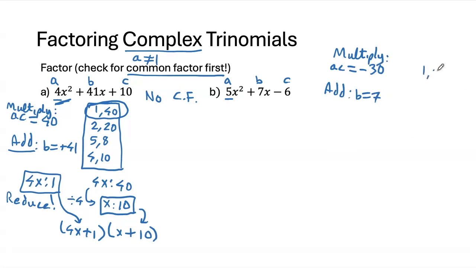1 times 30, 2 times 15, 3 times 10, and there's 5 times 6. From this list, you can pause the video, try to come up with the numbers that will multiply to negative 30, add to 7.